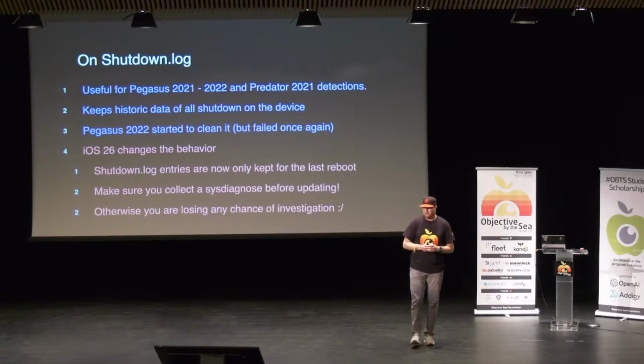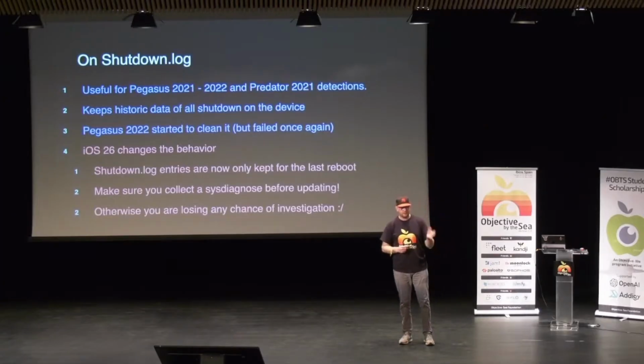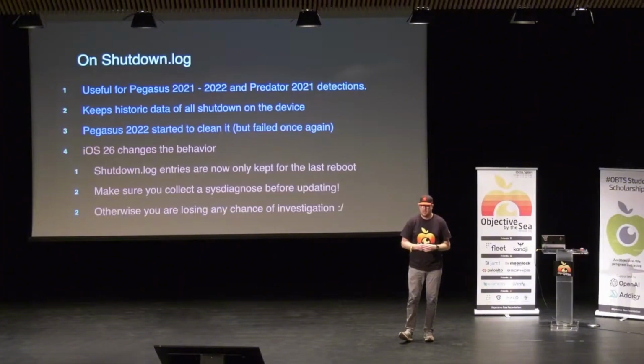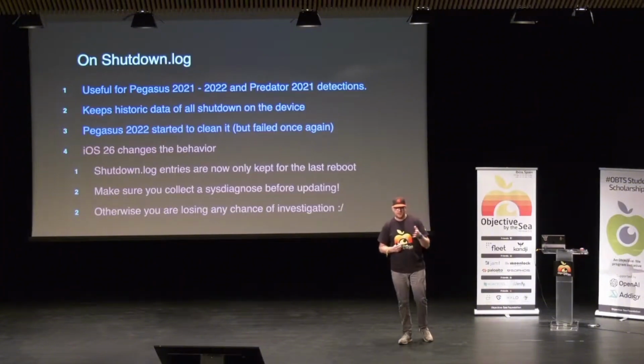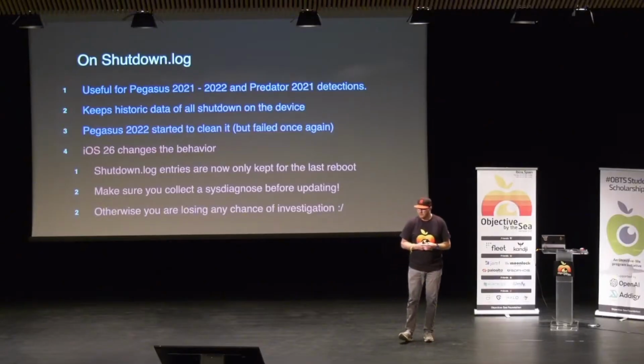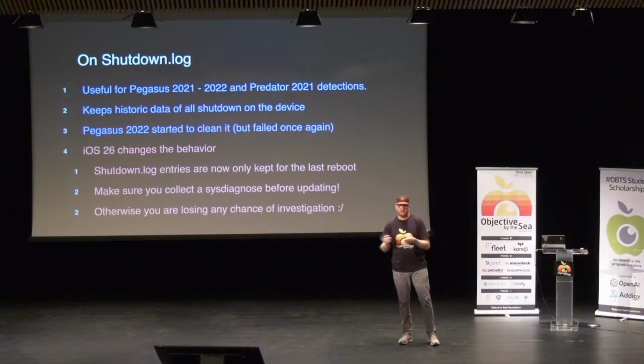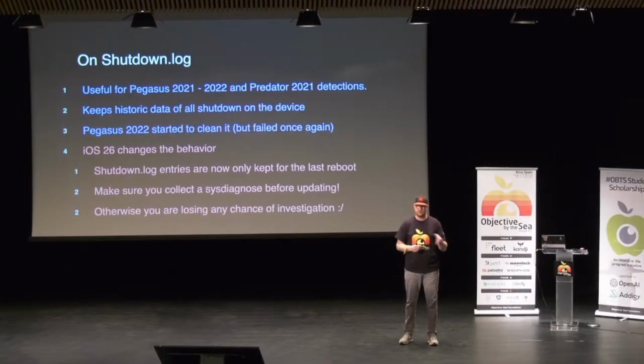Now, on shutdown log itself, this is super useful for Pegasus 2021, 2022, and very likely you're also going to find Predator 2021 detections there, because since 2023, they're actually monitoring for shutdown log. This keeps a historic data set of every single shutdown on the system until iOS 26, because iOS 26 now starts to wipe shutdown log on every single reboot of the device.